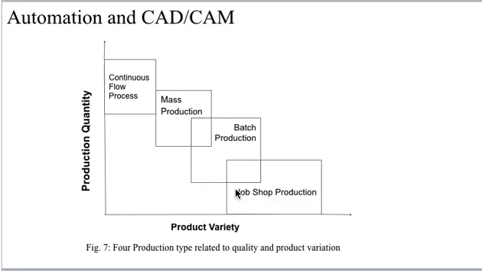The lots may be produced once or repeated periodically, for example books, clothing, and certain industrial machinery. The last one is job shop production: low quantities, often one-of-a-kind specialized products.